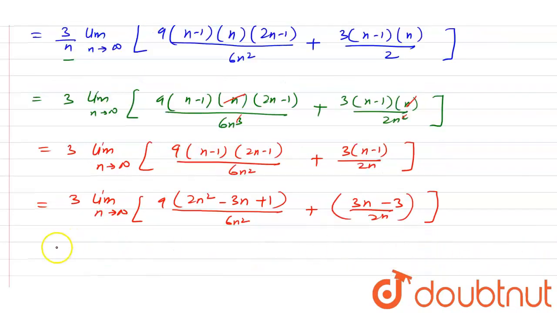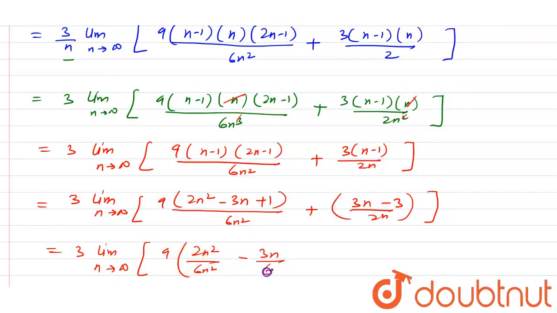Now we split the terms, so 3 limit n tends to infinity, 9, now 2n square divided by 6n square minus 3n divided by 6n square plus 1 divided by 6n square, plus 3n divided by 2n minus 3 divided by 2n.